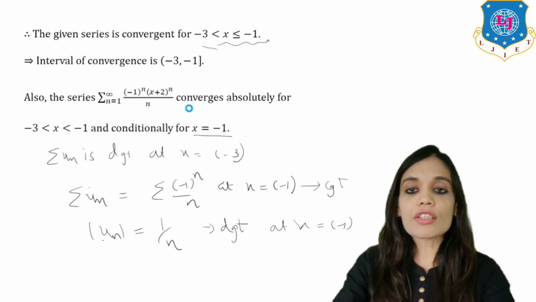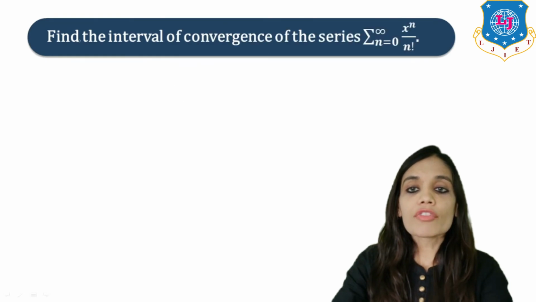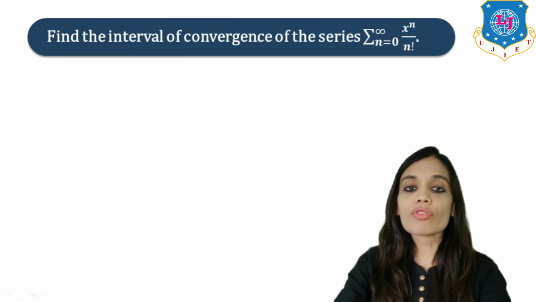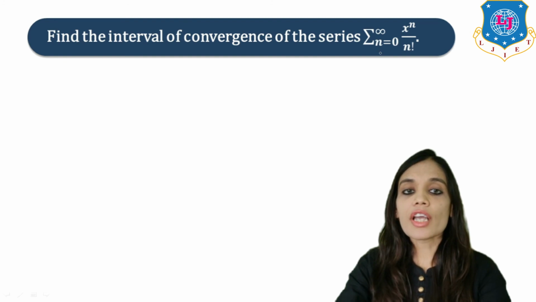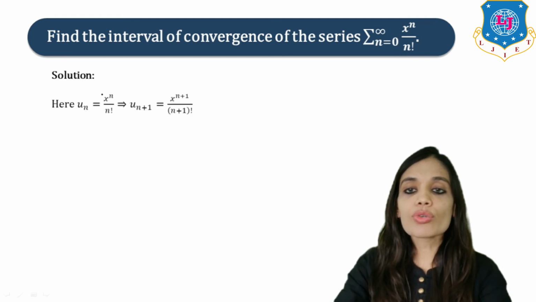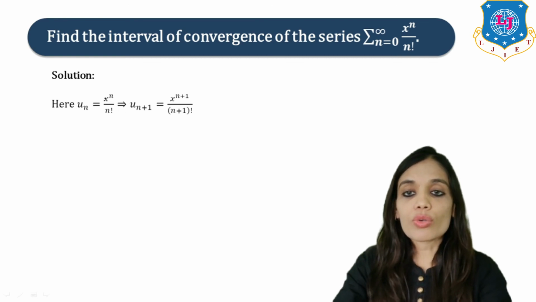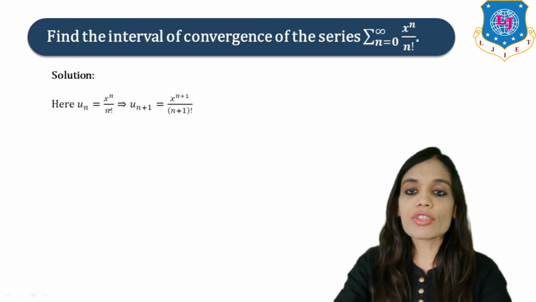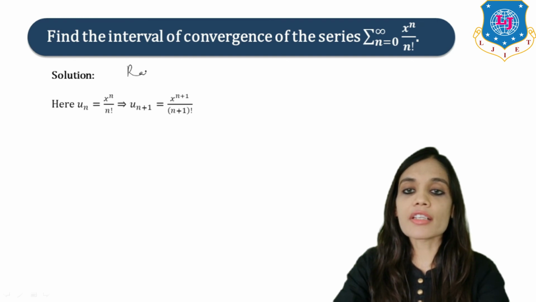Okay. Now, let us solve one more example. We have to find the interval of convergence of the series summation n is equal to 0 to infinity x raised to n upon n factorial. Firstly, let us write our un, that is equal to x raised to n upon n factorial. Looking at the factorial notation, we will obviously apply which test?